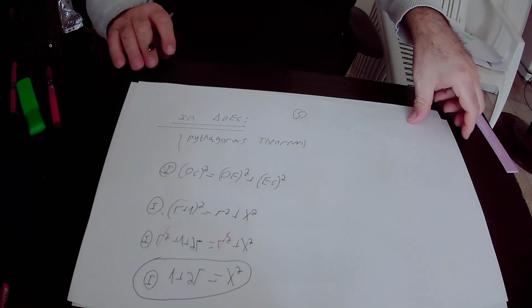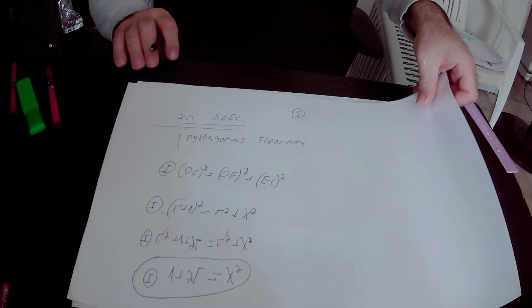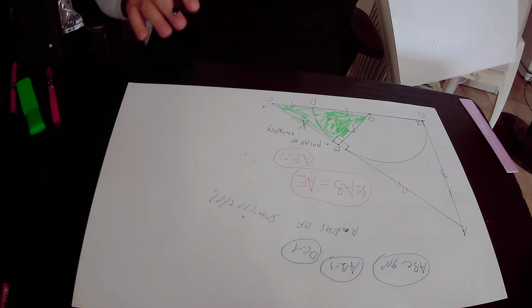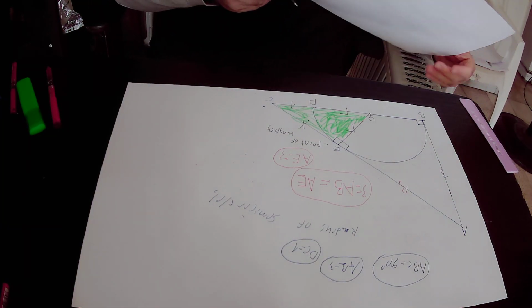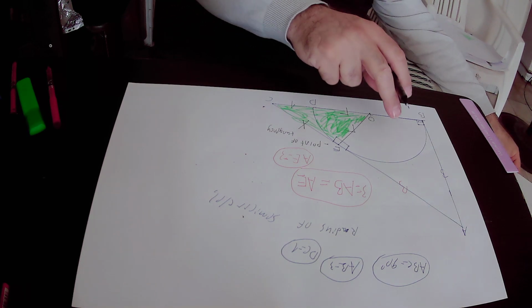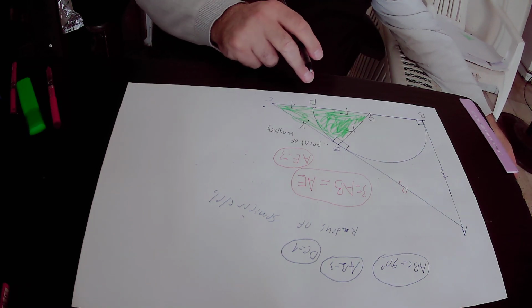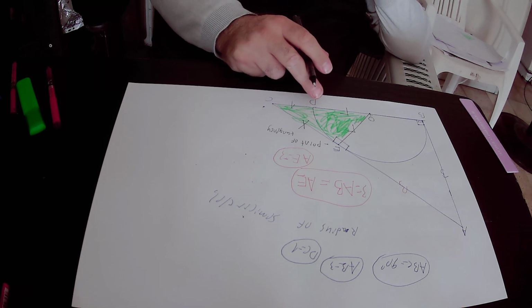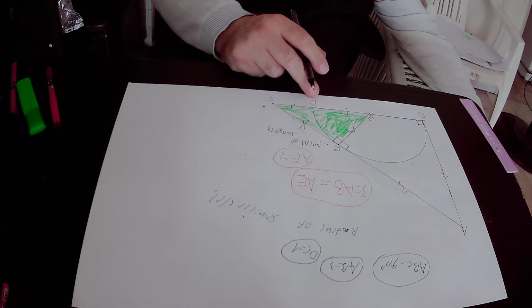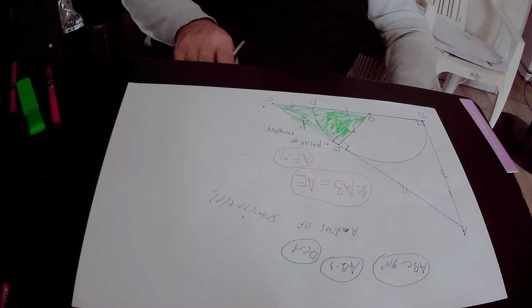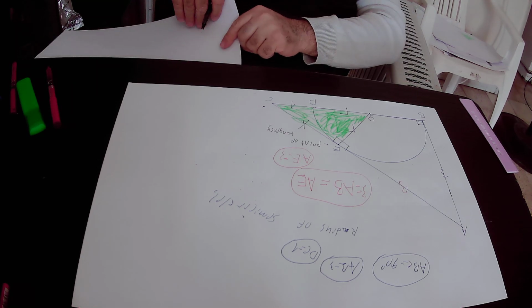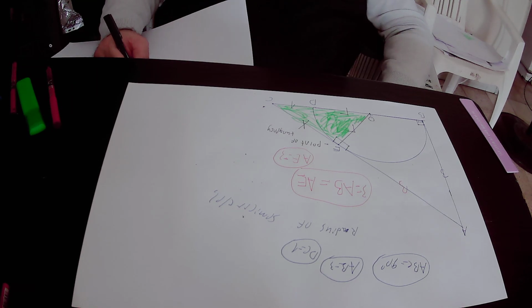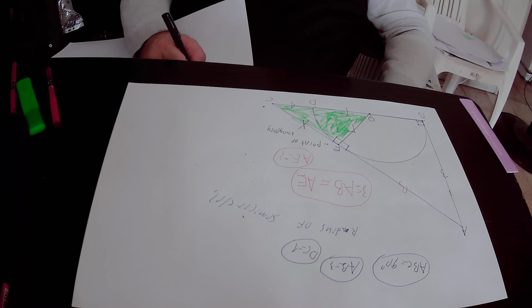So in the next step, we will focus on the right big triangle, triangle ABC, and we will also focus on the right small green triangle, triangle OEC. Okay, I will write it down.